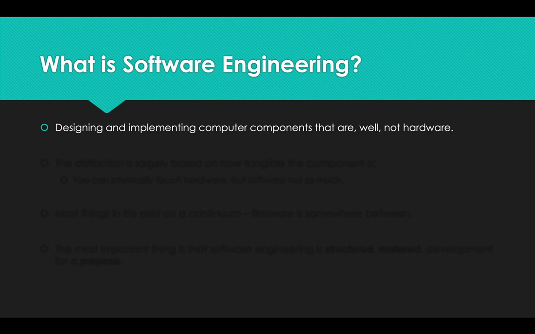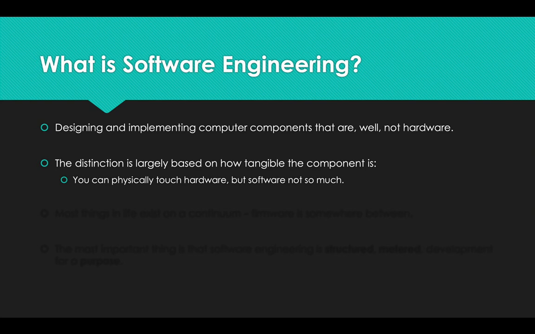What is software engineering? If you wanted to go all the way down and try to find some sort of very formal definition, it would probably not provide a ton of additional information that we haven't already covered. Basically, software engineering is trying to take a problem and then design and implement a solution to that problem using computer components that are not hardware.